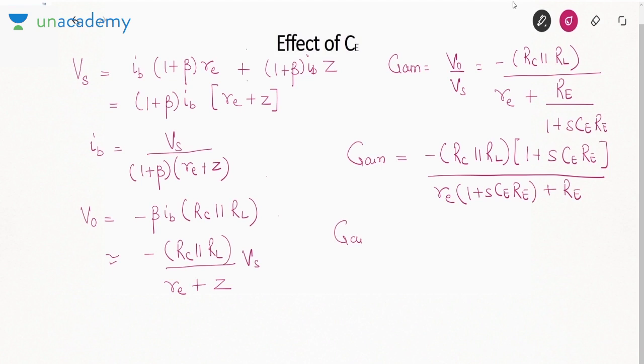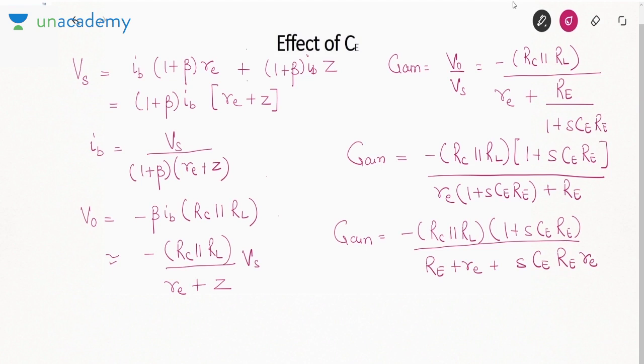So this gain will become minus RC parallel RL times 1 plus SCE RE upon RE plus SCE capital RE into small re. Now in the denominator I need a term something like 1 plus S into something. Okay, that is 1 plus S into something, that sort of a term is required. If that sort of a term is required, I'll take this common.